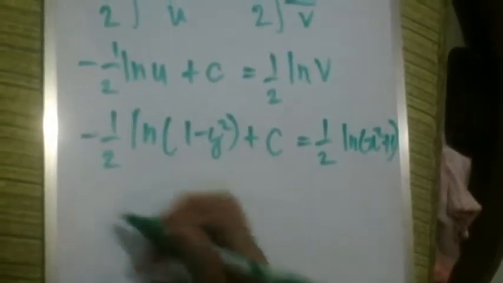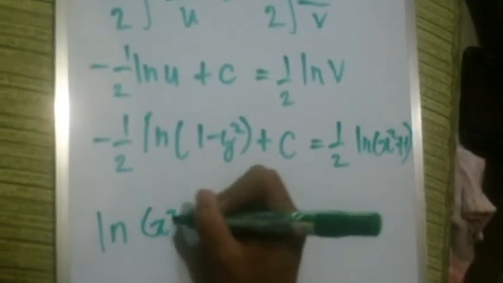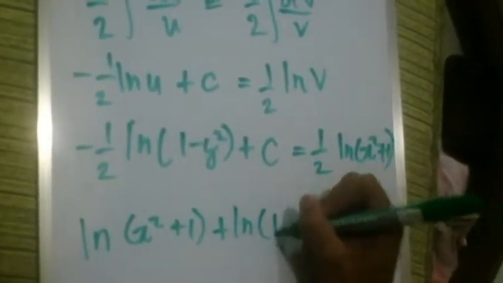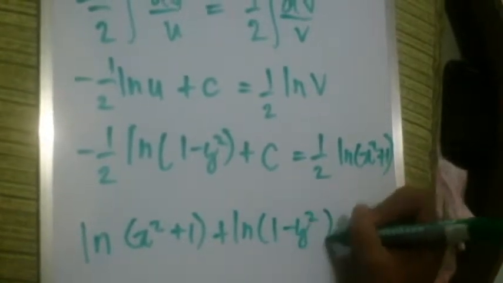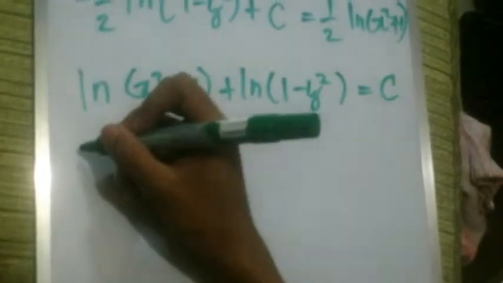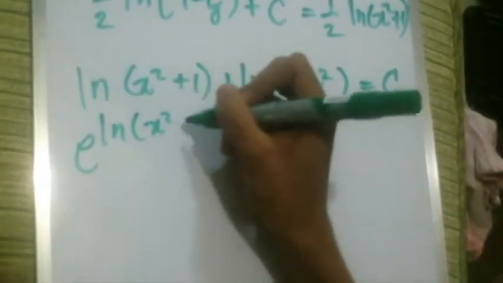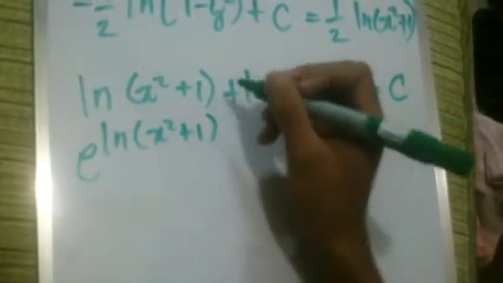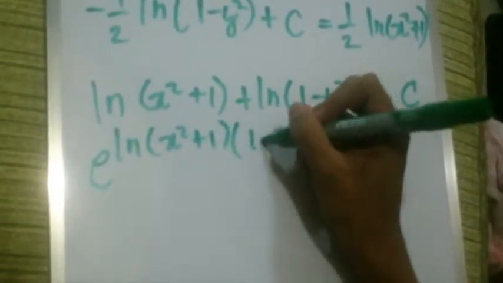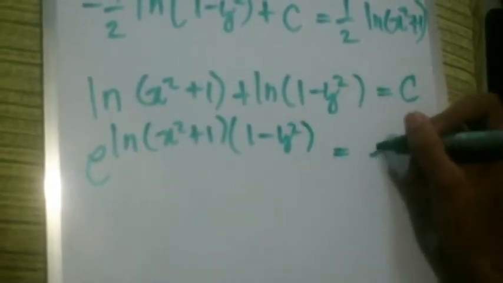Then, simplifying this equation, ln of (x squared plus 1) plus ln of (1 minus y squared) is equal to c. Applying e to both sides, (x squared plus 1) times (1 minus y squared) is equal to e to the c.